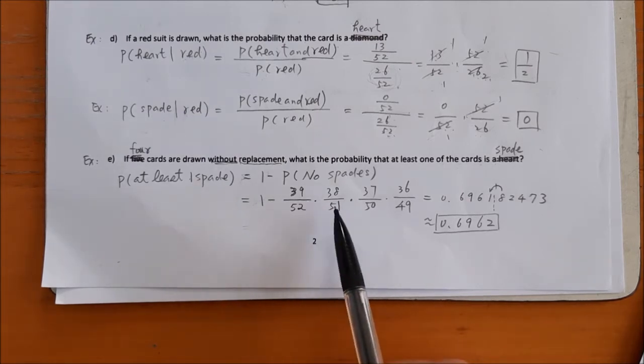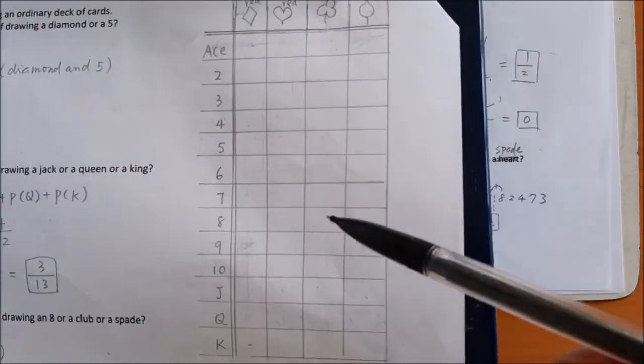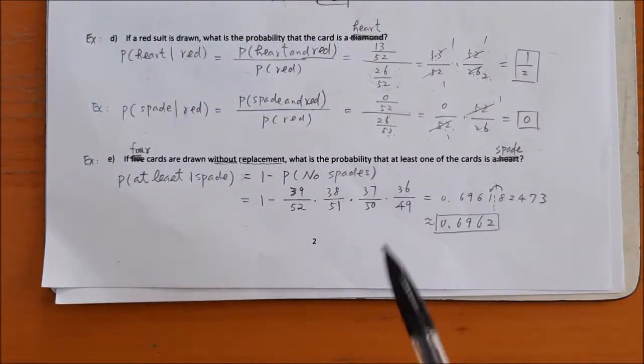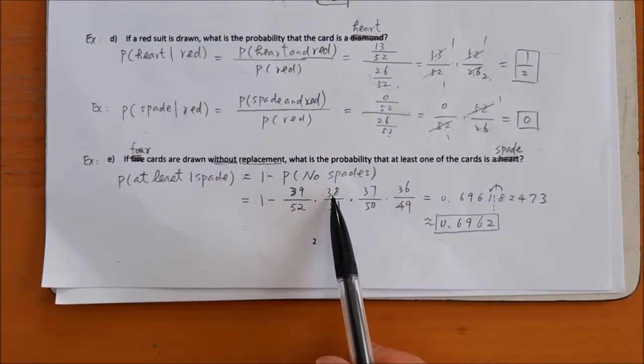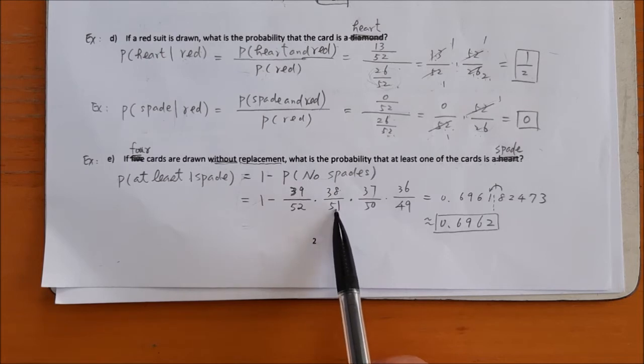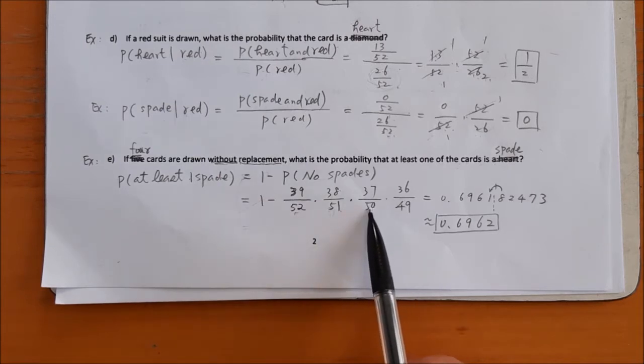In the 51 cards, how many are not spade cards? Since you drew out 1 not-spade card, 38 not-spade cards remain. So the second probability of not spade card is 38 over 51. Once you draw 2 not-spade cards out, 50 cards remain.